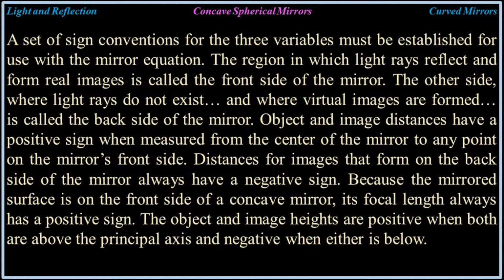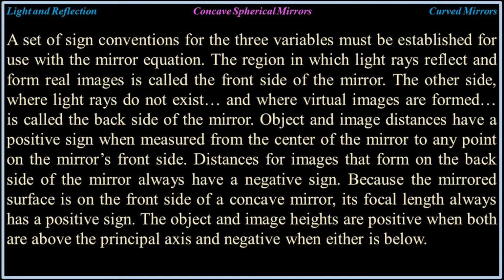A set of sign conventions for the three variables must be established for use with the mirror equation. The region in which light rays reflect and form real images is called the front side of the mirror. The other side, where light rays do not exist and where virtual images are formed, is called the back side of the mirror. Object and image distances have a positive sign when measured from the center of the mirror to any point on the mirror's front side.